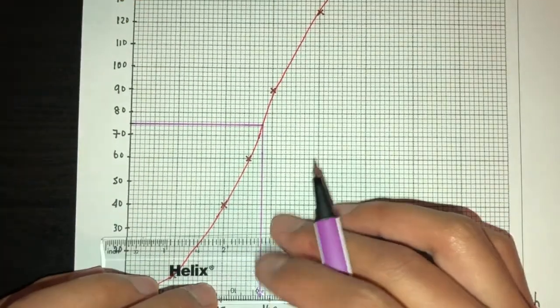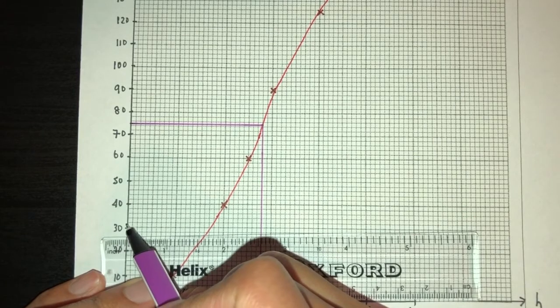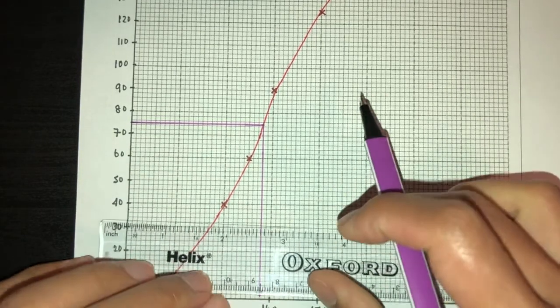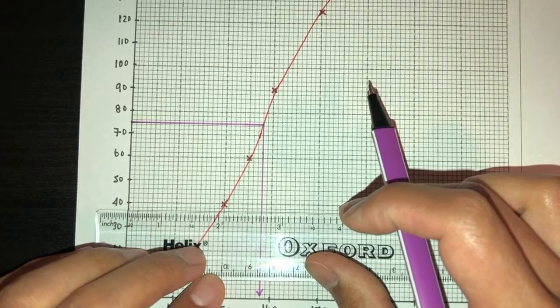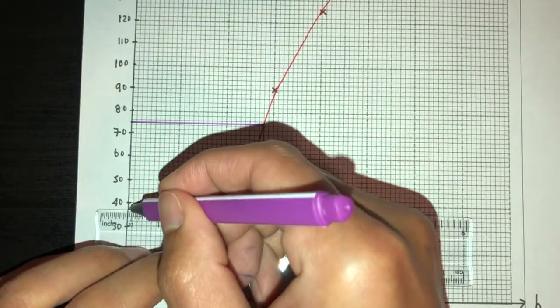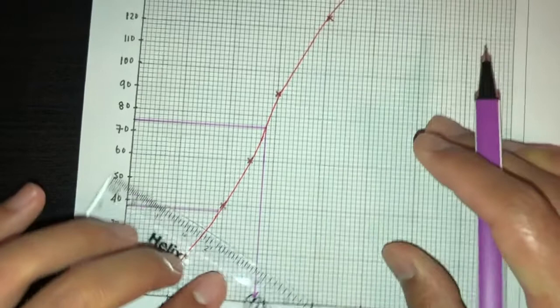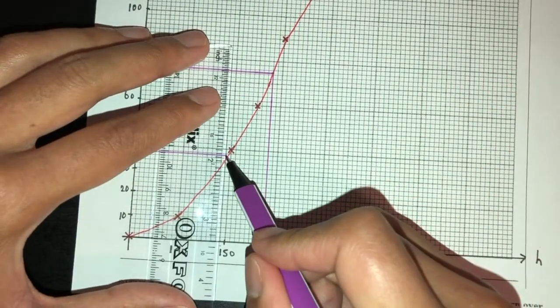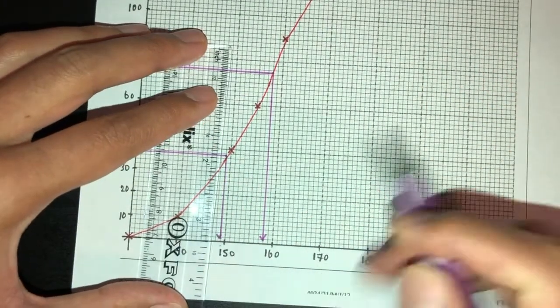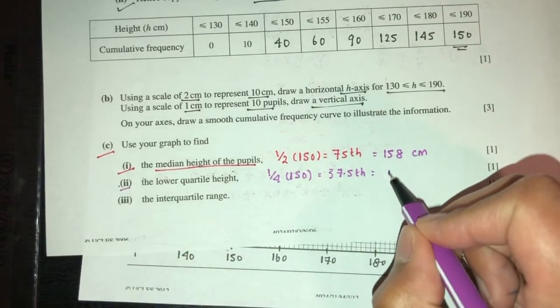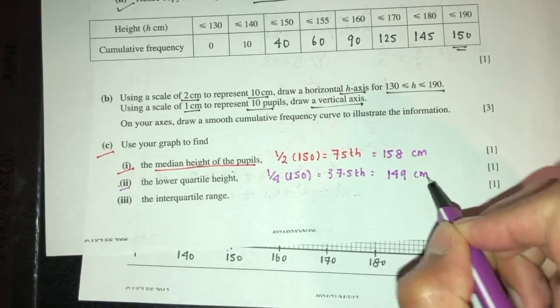Here you have 30, 32, 34, 36, 38, so 37.5 will be about here. Let's take this value, that will be about 149. So according to my graph it will be 149 cm.